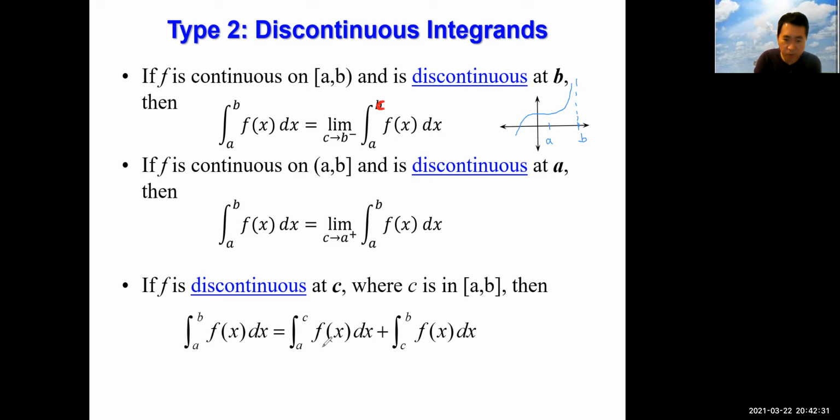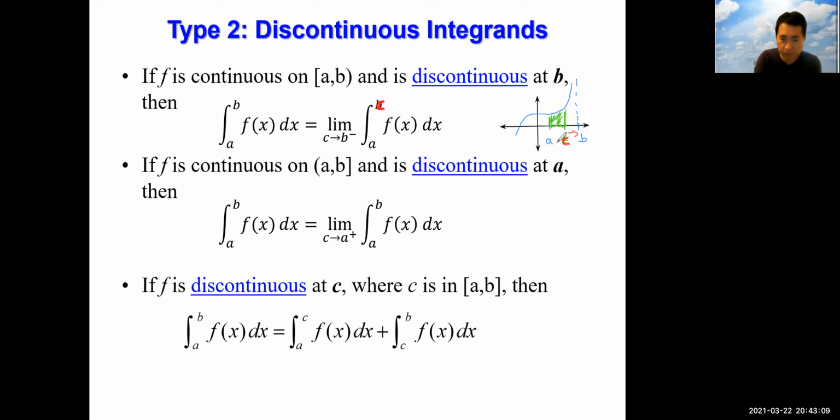What we're going to do is look at the area from a to c, I'll use the red color here, a to c, and then let c approach b. Since it's going toward b on the left of b, that's why I have the left-hand limit. So that's case 1.